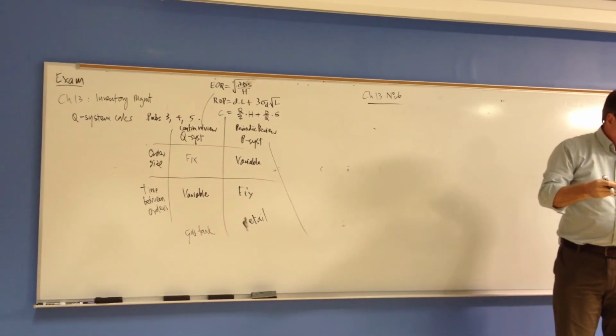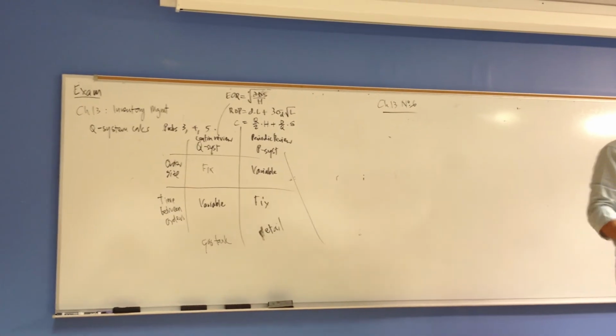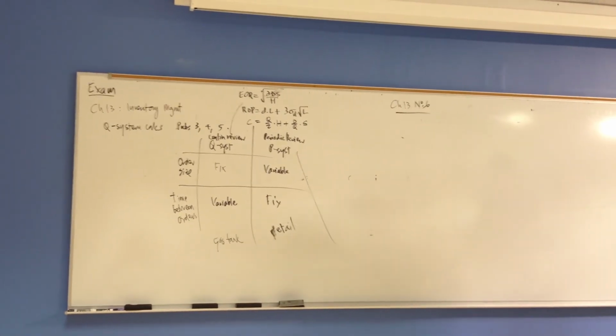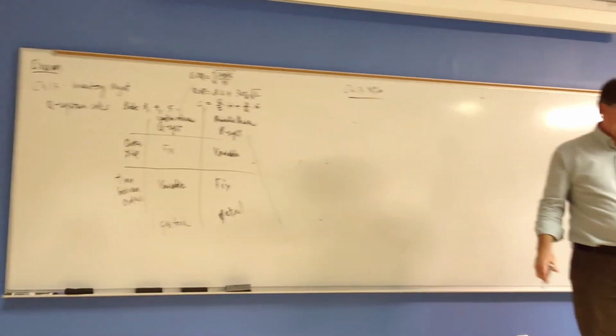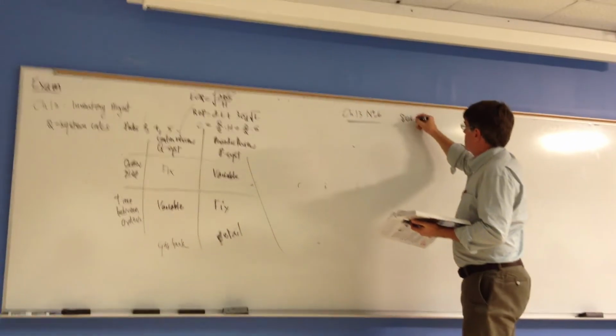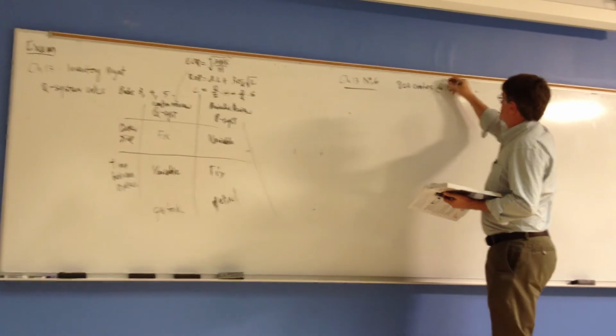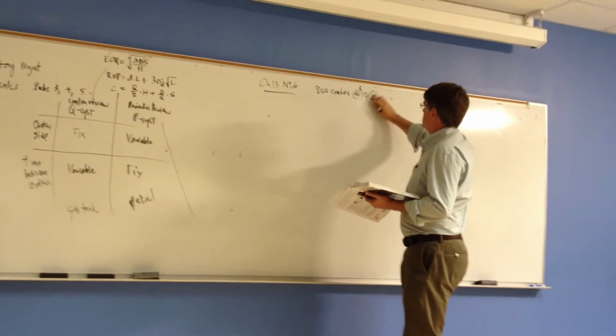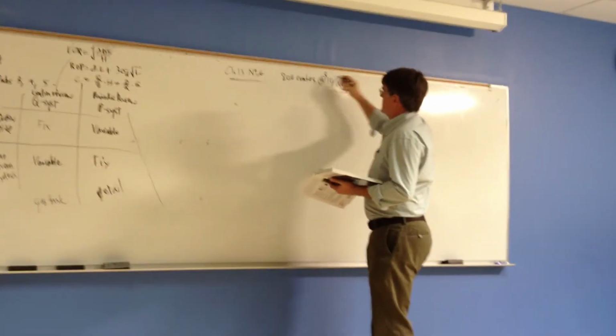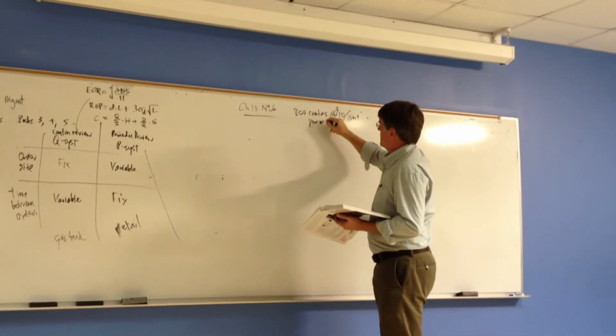Okay, a produce distributor uses 800 packing crates a month, which it purchases at a cost of $10 each. So 800 crates at $10 each, per month.